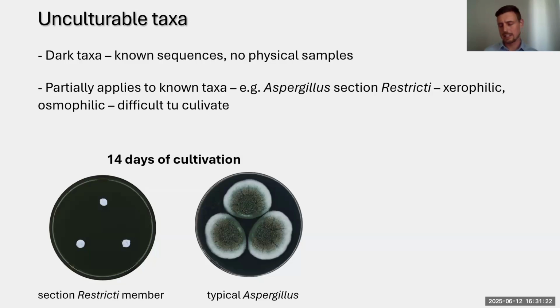But I think this issue is also related to more studied and better known genera or taxa, like Aspergillus, because there are certain parts of the genus which are not entirely unculturable, but much more difficult to work with and cultivate. An example was section Restricti, which was understudied because its members are xerophilic or osmophilic.